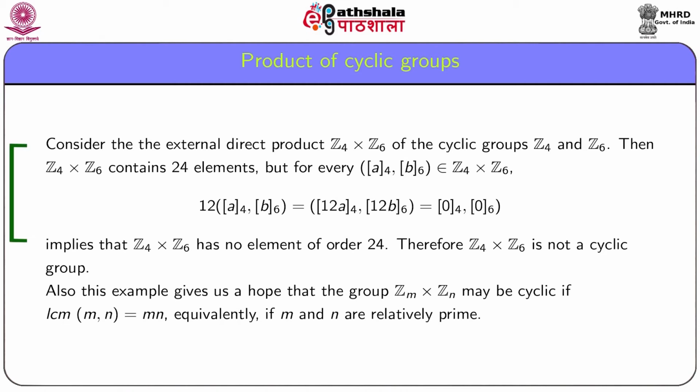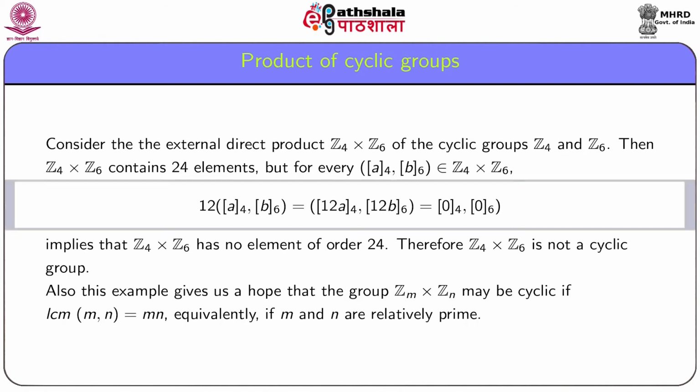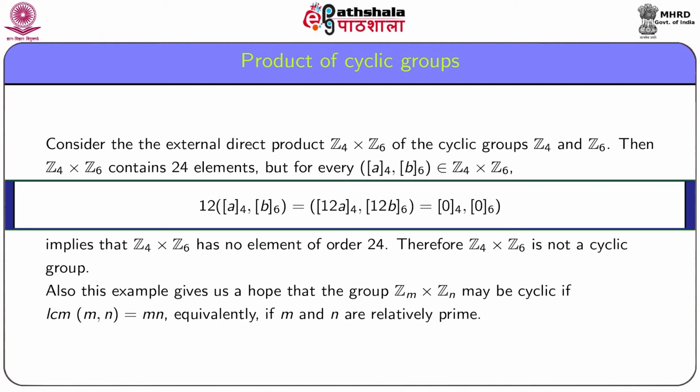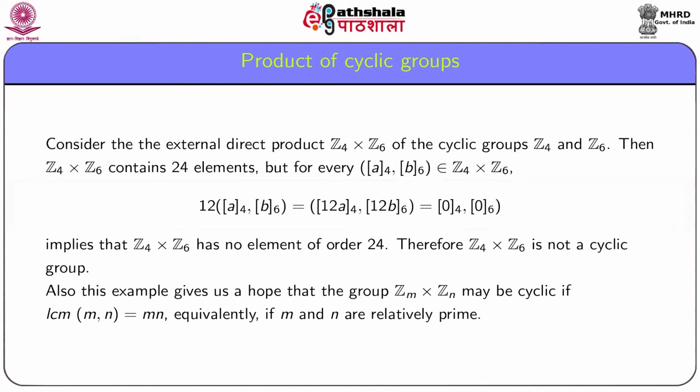Now, we show that no element of Z4 cross Z6 can have order more than 12, and it will prove that Z4 cross Z6 is not a cyclic group. So, consider an arbitrary element ([a], [b]) from Z4 cross Z6. Then 12 times ([a], [b]) is equal to ([12a], [12b]).